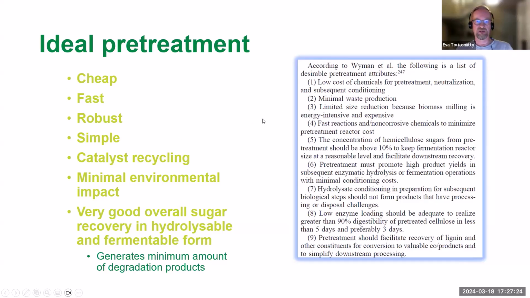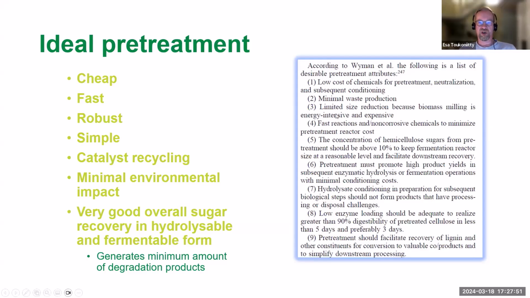So the cost factor is the same also. Well, it's not maybe mentioned on the left-hand side, but minimal waste production. If you pre-treat some material and you produce a lot of waste, that's of course waste that you have to handle, and it's naturally less useful material to process further.